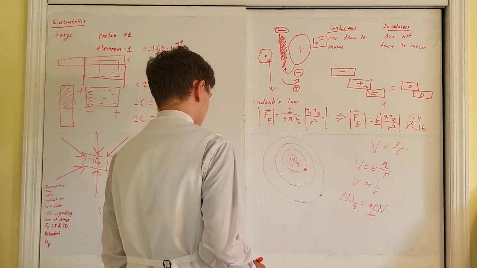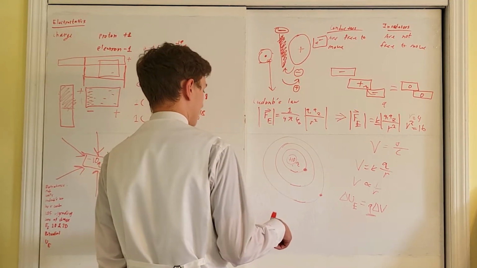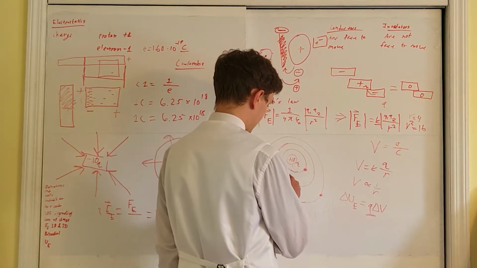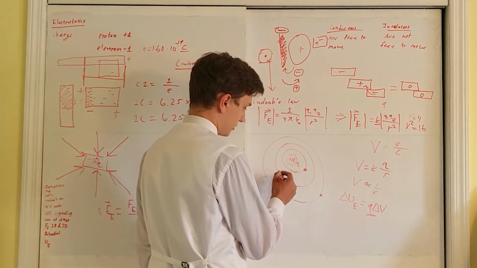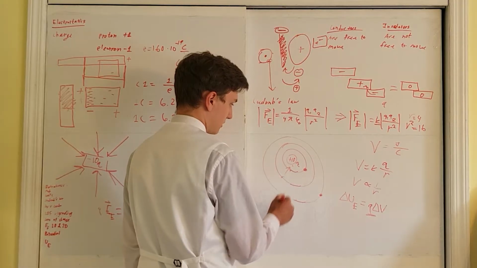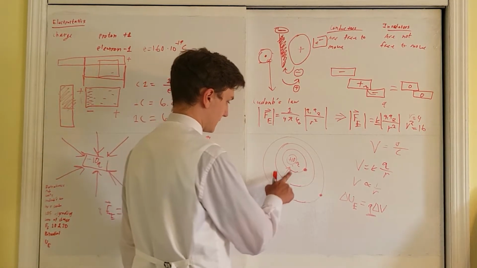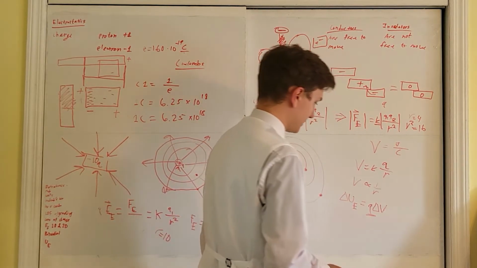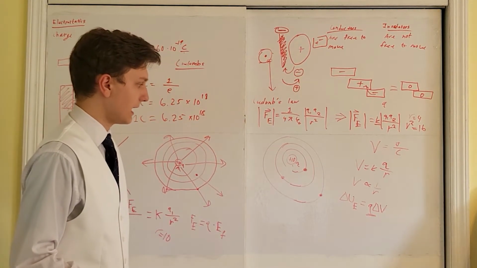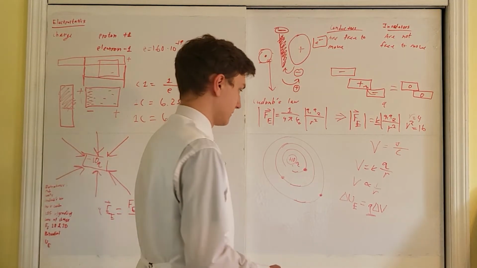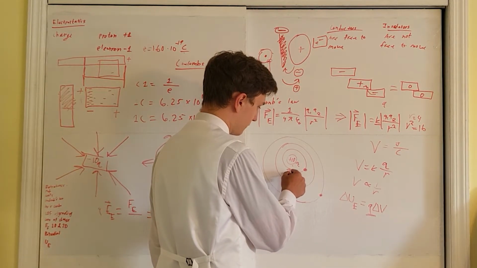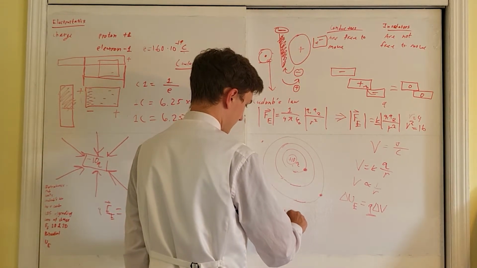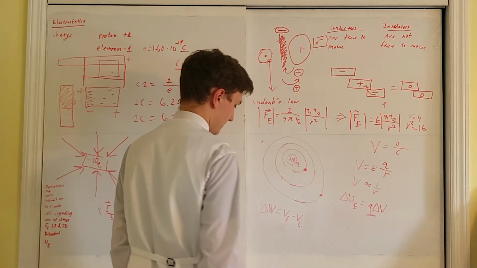Now, understand that these equations can also work for the opposite charge. If I have a negative charge that is placed right here, the negative charge will want to move towards the positive center. So that negative charge, since it has a negative Q, will result in a negative potential energy. Since the electric charge will be moving this way, change in potential equals final potential minus initial potential.